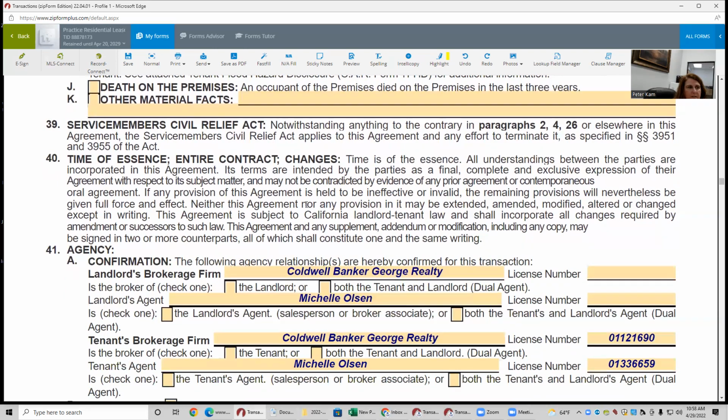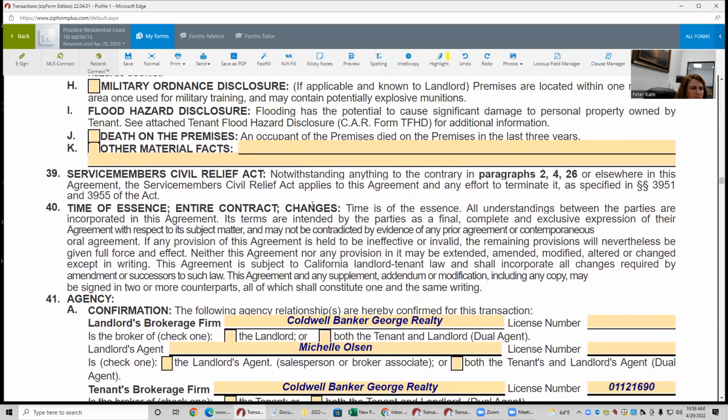It's best to draft this agreement in advance, well ahead of the commencement date if you can. Let the landlord have a draft and let them review it, or you go review it with them. Now, number 39, Service Members Civil Relief Act. This means if a service member gets transferred somewhere out of the area, then they can break the agreement. We probably wouldn't have much of this, maybe it's more San Diego, wherever bases are.